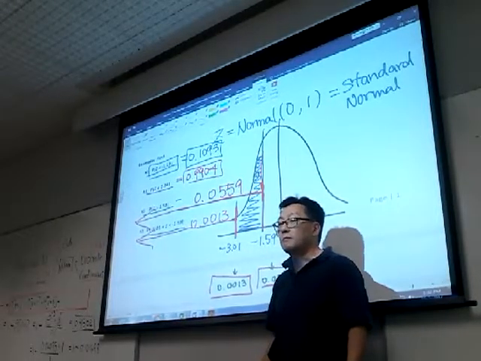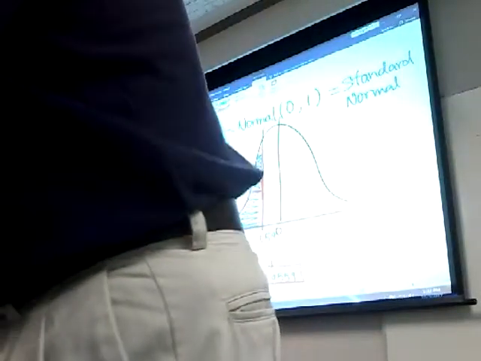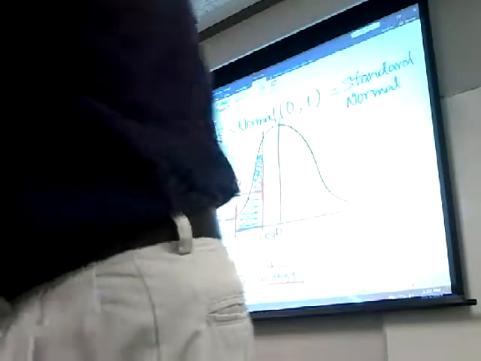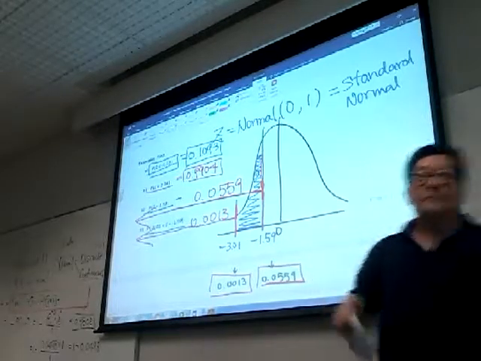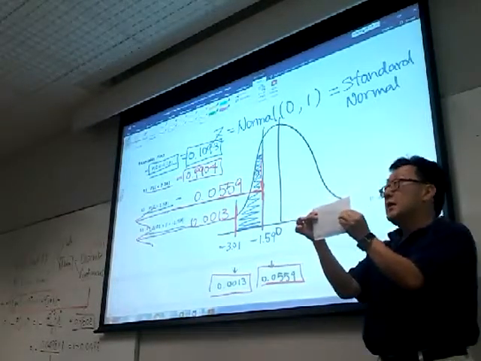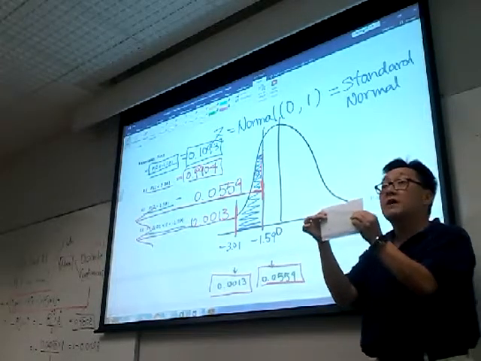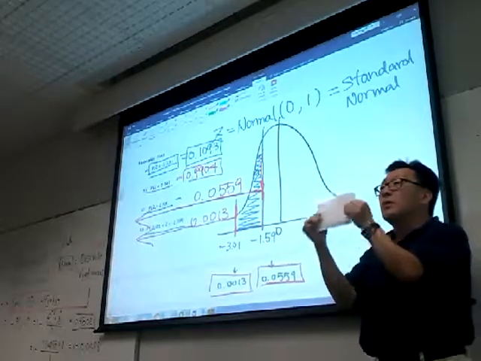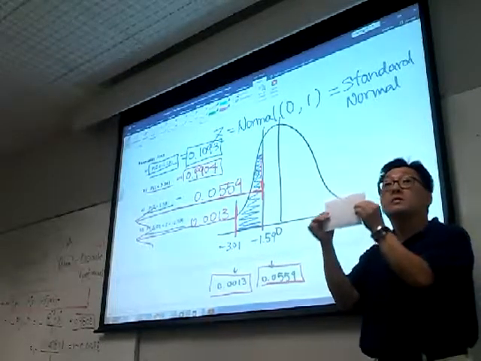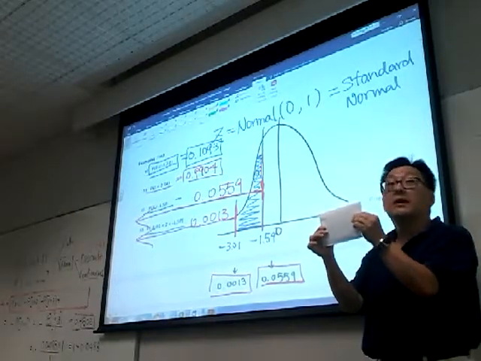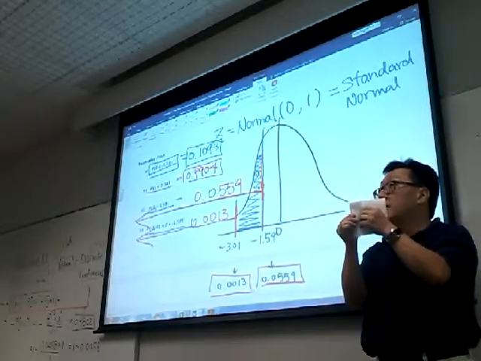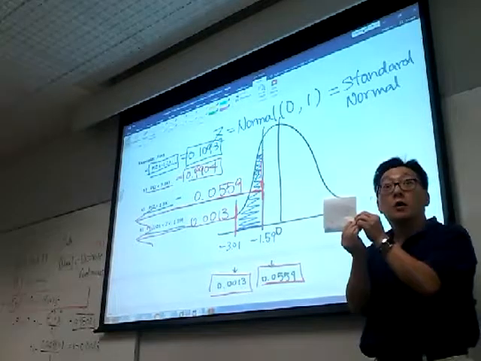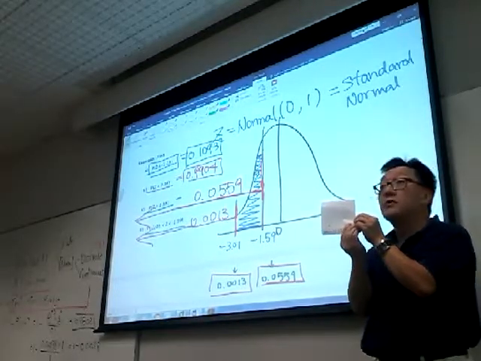So you don't do 1 minus 0.0013. You subtract 0.0013 from 0.0559. It is 0.0559 on the left, but I need only that little piece, only this one, and we knew the other was 0.0013.